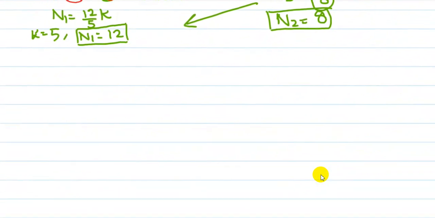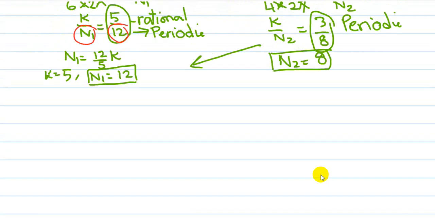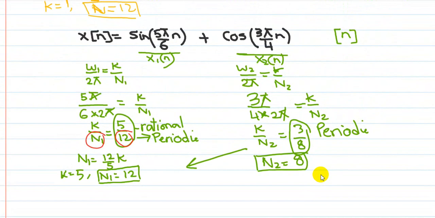Now we already have n1 and n2. We found that this is periodic and this is also periodic, so the addition of two periodic signals will end up with another periodic signal, and x of n is also periodic in this case.